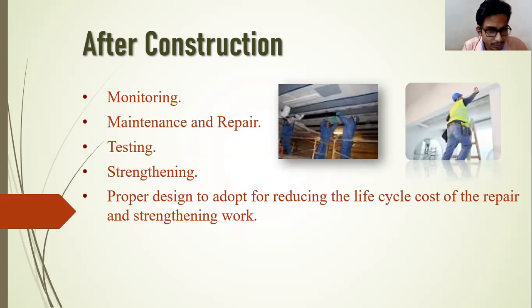If any leakage is there, we have to check, and we have to always keep our terrace clean, because nowadays we are using terracotta type tiles over the roofs. But if the sealing between two tiles is not good, then there is a chance of rainwater leaking, which may get stored on top of the roof, and slowly it can dampen the structure or a particular area of the slab.